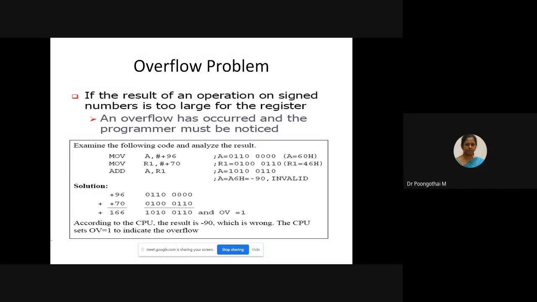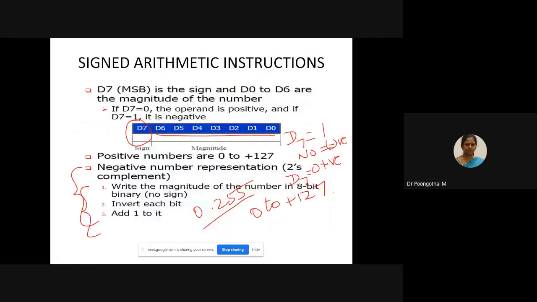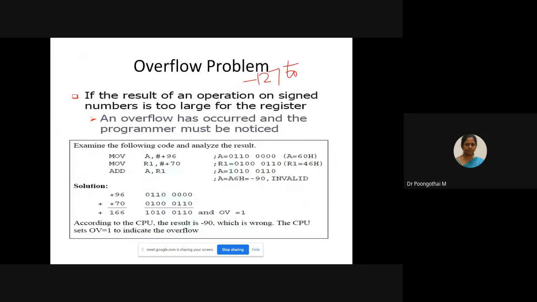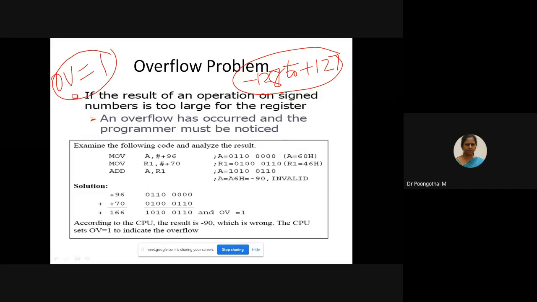After addition and subtraction, your result should be within the range of minus 128 to plus 127. If the result exceeds it, the overflow flag will be raised to indicate that the result is invalid. So overflow has occurred, and the programmer must take notice in case of signed operations.